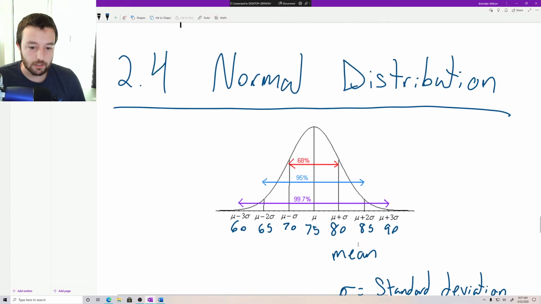Well, let's go look at our picture since we already put the data on here. What percentage is in this range? That's a little tricky. We really need to think about this, okay?